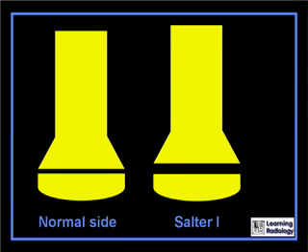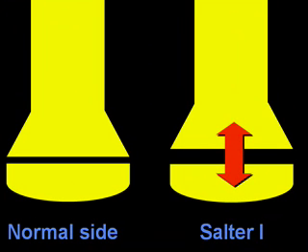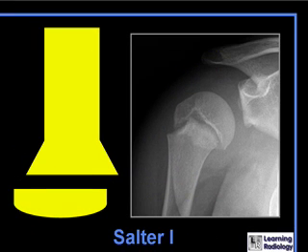Sometimes obtaining the opposite side for comparison can be helpful in demonstrating widening of the epiphyseal plate. Sometimes, after several days of immobilization, periosteal new bone formation can present itself and indicate the presence of a fracture. This is an example of a Salter 1 fracture.